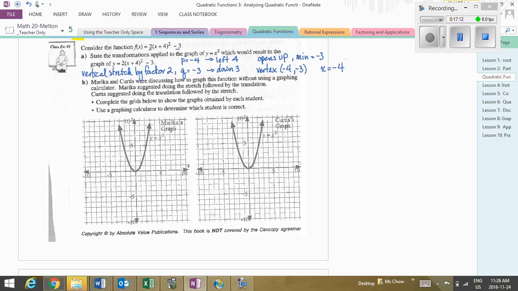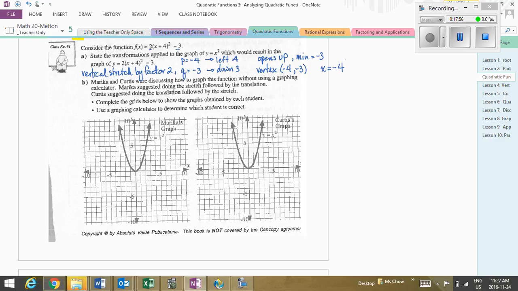When I first went through it, I thought Marika and Curtis could both do it either way, because I'm just graphing and counting, and recognizing that as soon as I look at the stretch factor, then regardless of where it is being translated, that parabola will be congruent to the original stretched parabola. But if we're thinking about it from the standpoint of where each of these points lie and their coordinates, then one is correct, the other is incorrect.